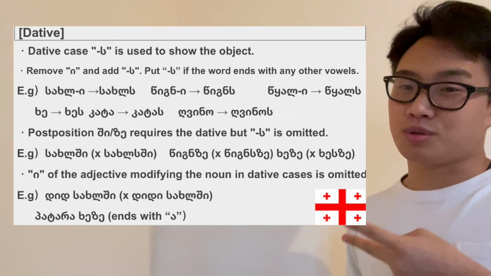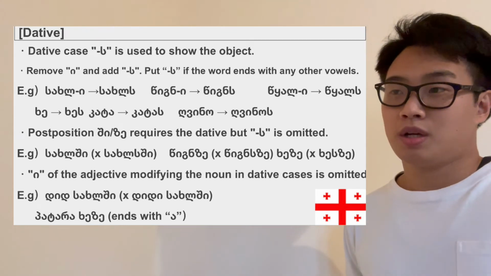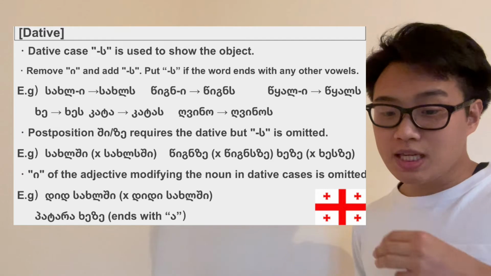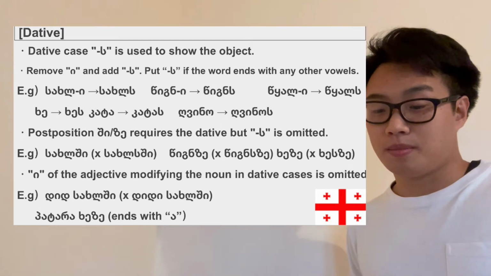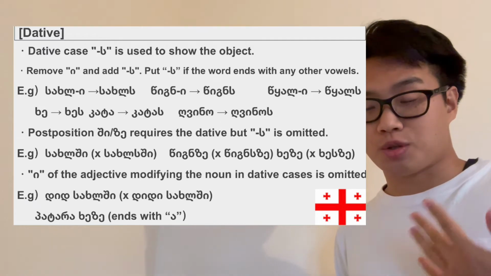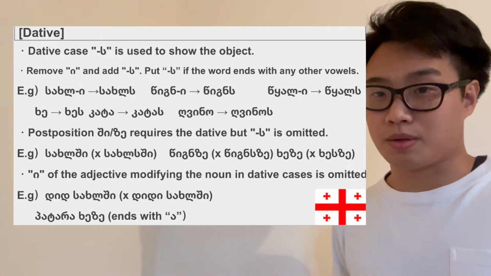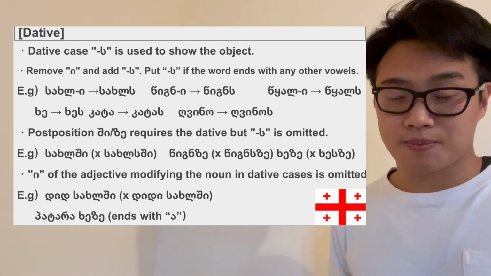They are kind of exceptions, but there are some postpositions which demand the dative cases. And third, e for the adjective modifying the noun in dative cases actually drops down or is omitted. So we've learned three things here in this video, especially about dative cases.